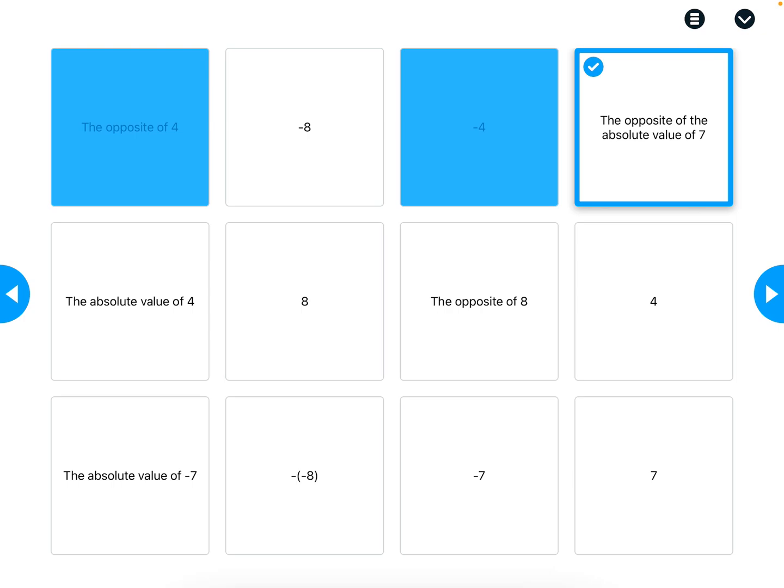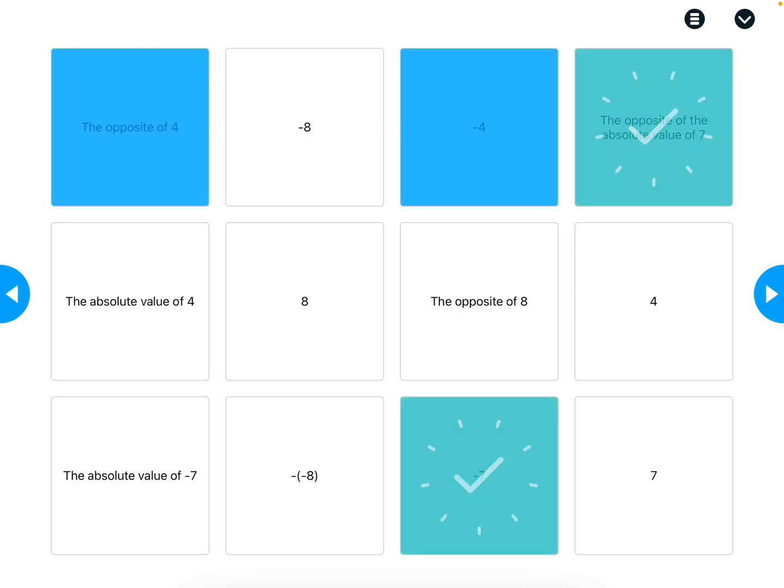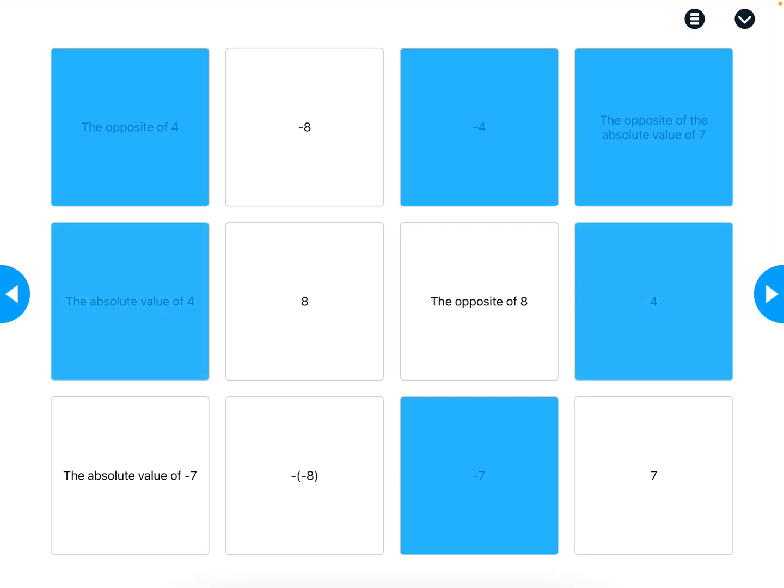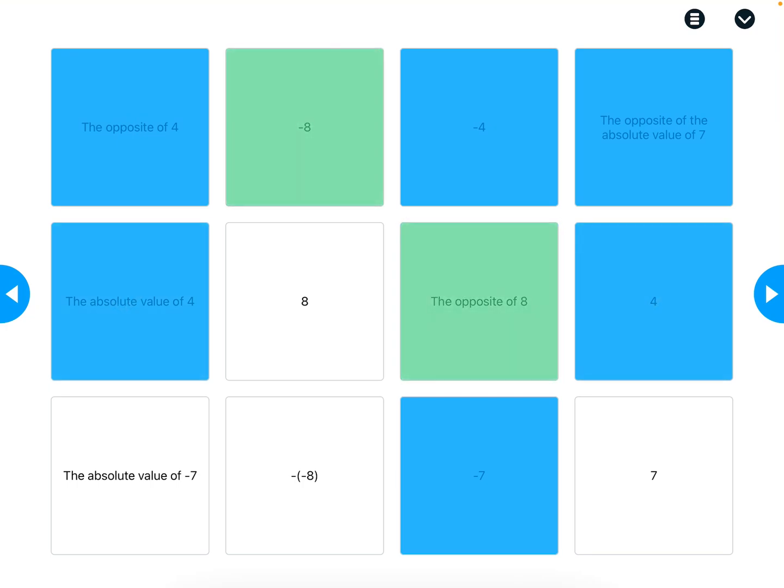Well, the absolute value of 7 would be 7, so its opposite would be -7. Second line, the absolute value of 4. So how far away is 4 from 0? Remembering that distance is always positive, it's 4. The opposite of 8 would be a -8.